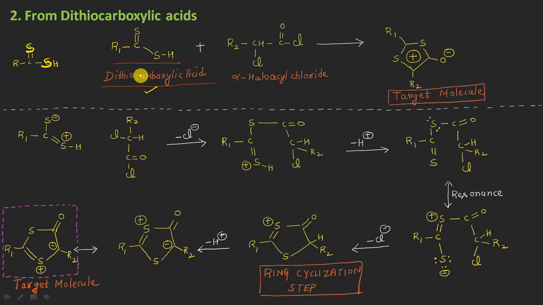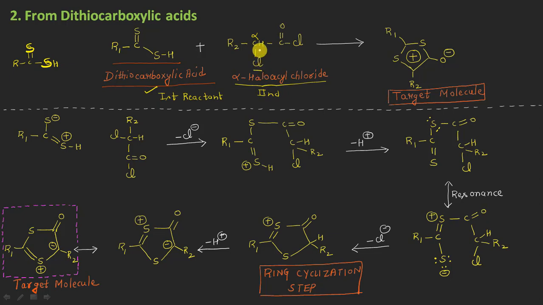And now in this reaction, this is the first reactant molecule. And just have a look, what is the second reactant molecule here? It is none other than the alpha haloacyl chloride, right? Corresponding to this carbonyl group, this is the alpha position, and on alpha we have a halogen, that is chloro.